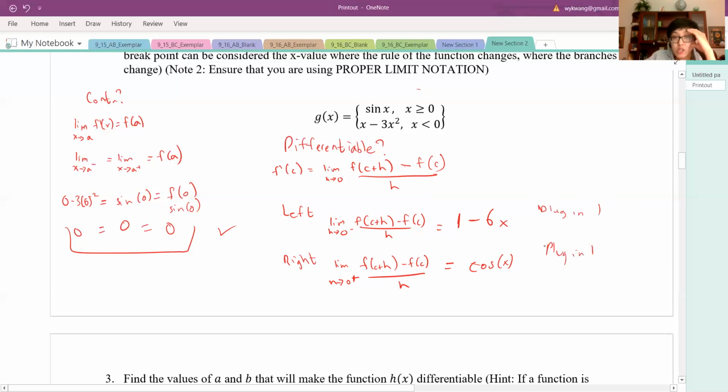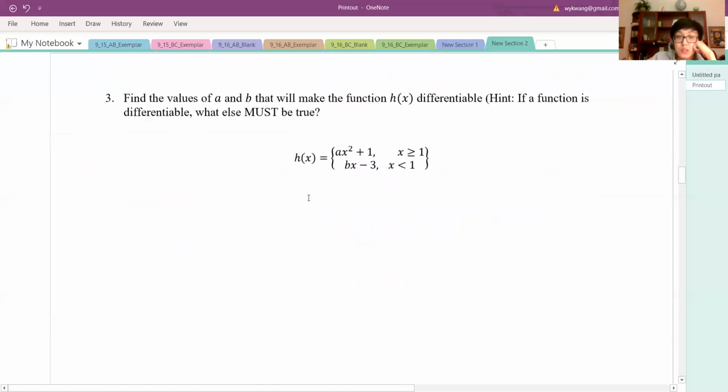Well, are they equal to each other? The two limits, left and right, must equal. So you can tell me if it's equal, then it's differentiable. If they're not equal, then it's not differentiable. So you can tell me based on that.